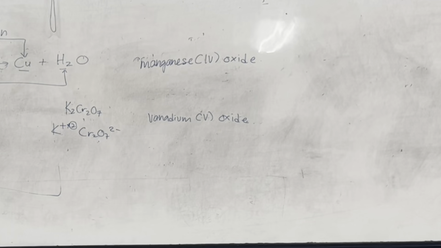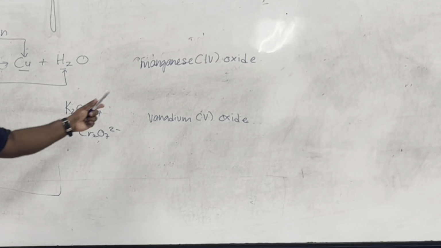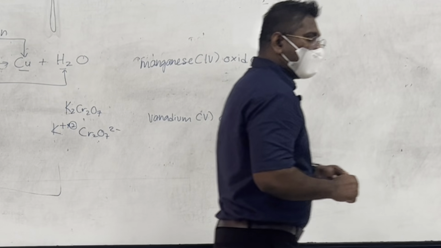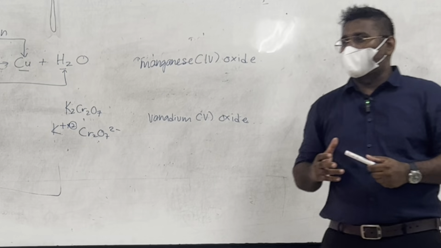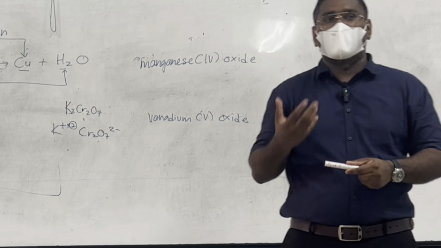Now, all these, I give you the name, and then we write the formula. These two examples, manganese 4 oxide and vanadium 5 oxide, are actually catalysts. Yesterday I told you there are certain reactions in chemistry that can give you oxygen.